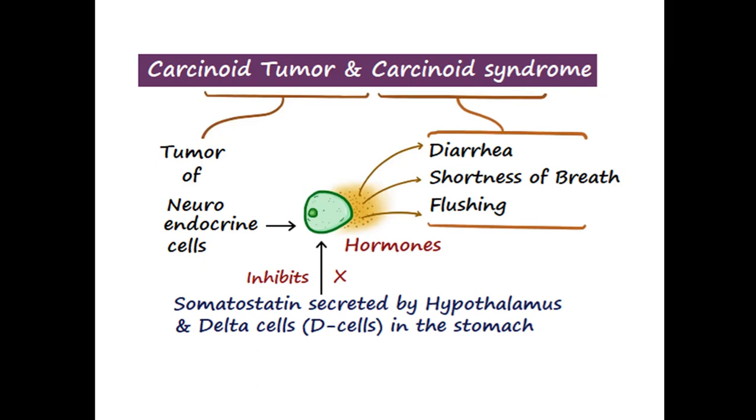Here we talk particularly about the neuroendocrine cells and neuroendocrine tumors that occur in the neuroendocrine cells located in the gastrointestinal tract. So various neuroendocrine cells are located in the stomach, small and large intestine, in the pancreas, and they are stimulated by the various nerve impulses and they cause secretion of various hormones.